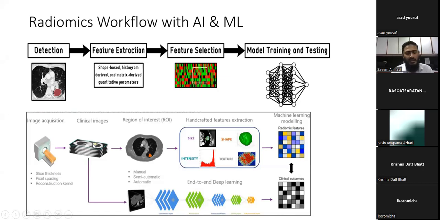Radiomic features have application in segmentation as well as in correlation with clinical information. So the bottom one, the machine learning model, has two stages of application of radiomic features.